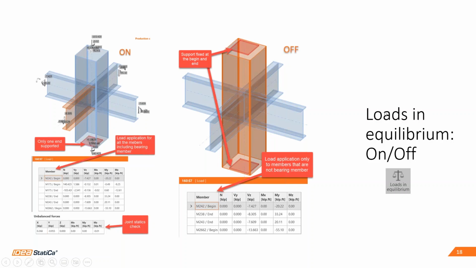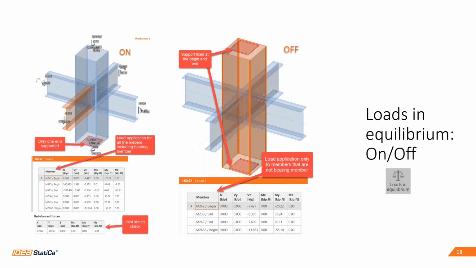Having loads in equilibrium is the safest approach, but I know that in some cases we don't have the full picture and you don't have the internal forces. So that is why we have both options. Remember that engineering judgment is needed in every input of IDEA StatiCa.